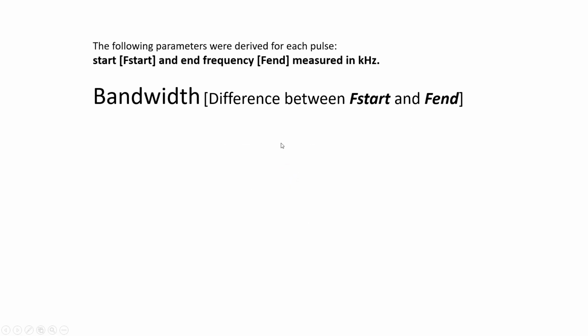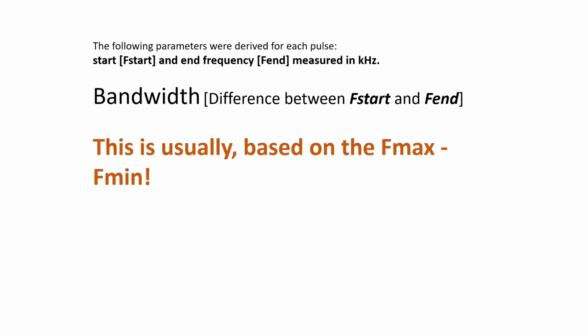They all talked about the following parameters being derived: start frequency, F start, and end frequency, F end, measured in kilohertz. And then a lot of these papers discussed bandwidth, and they defined it as the difference between the F start and F end. This is where my head exploded and my knees jerked.